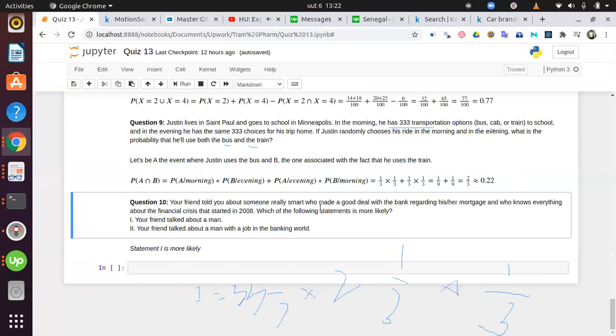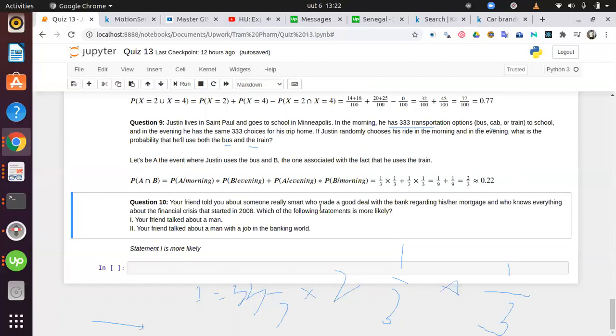He used both. But then each time he can only select either a bus or the train. Like in the morning, he can only go by bus or by train. He cannot do bus and train together, right?